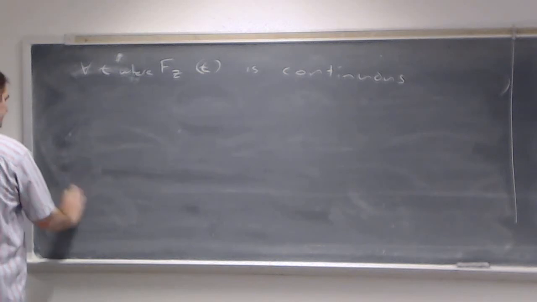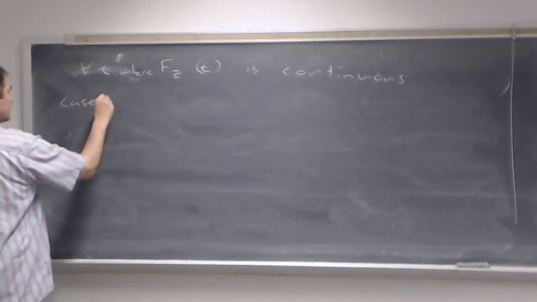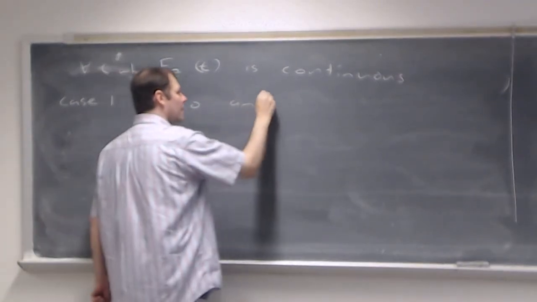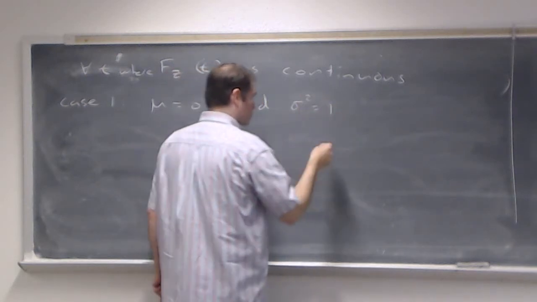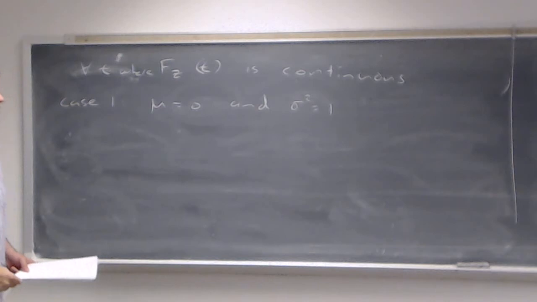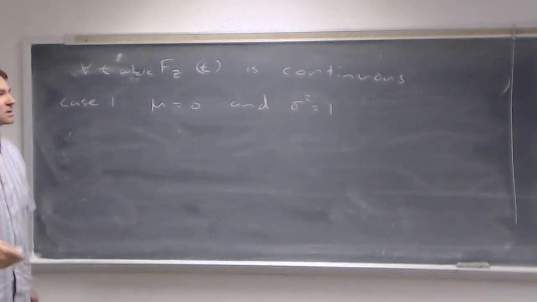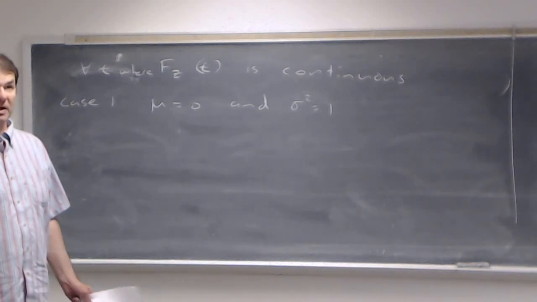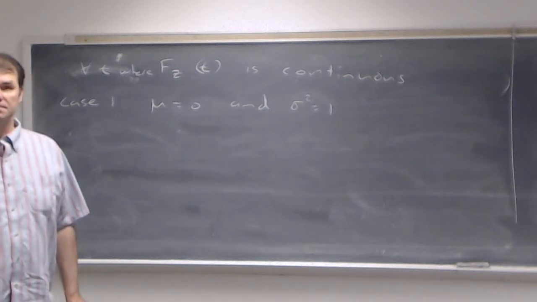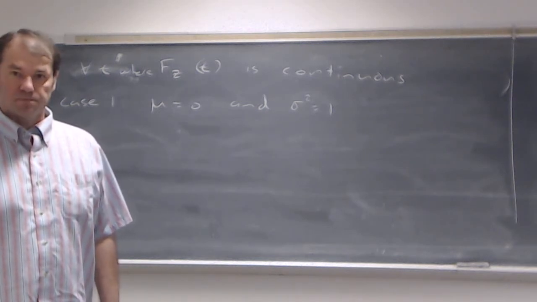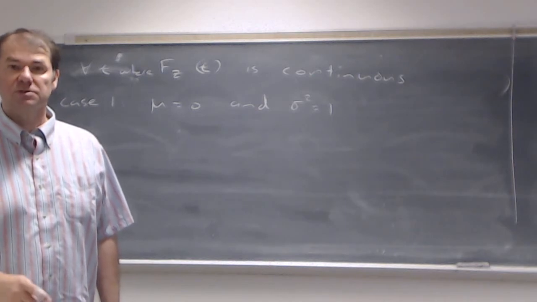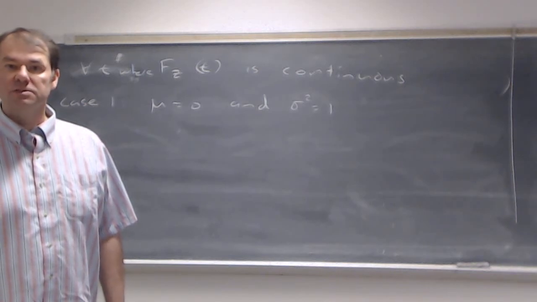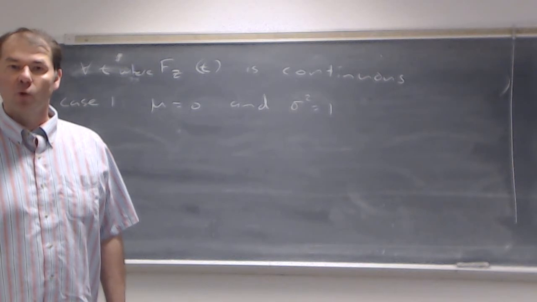So we're going to break the central limit theorem into cases. Case 1 is where mu equals 0 and sigma squared equals 1, so sigma equals 1. Using the lemma that we just wrote, the way we're going to show that the random variable we listed converges in distribution to the standard normal is to show that the moment generating functions for that random variable converge to the moment generating function for the standard normal.